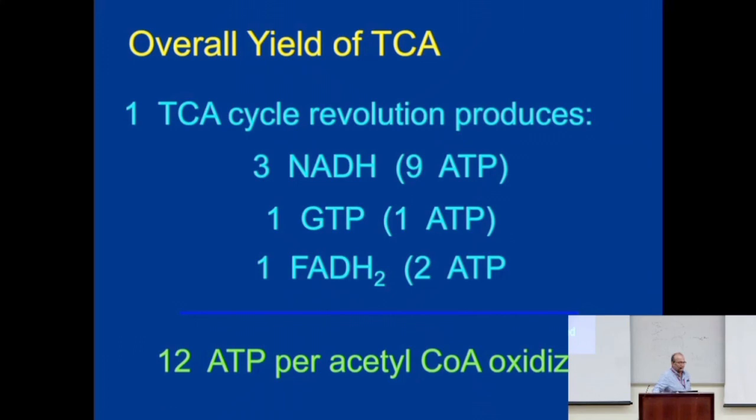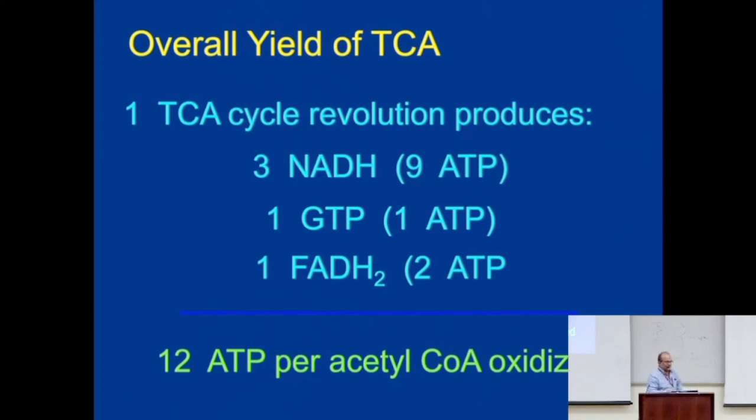Again, I want to keep you linked into glycolysis. If you had 2 pyruvates that went through pyruvate dehydrogenase, then you would have 2 acetyl-CoAs to be oxidized. Then your output of energy would be twice that, 24 ATPs. The cycle will go twice, each time producing 12 ATPs. Okay?